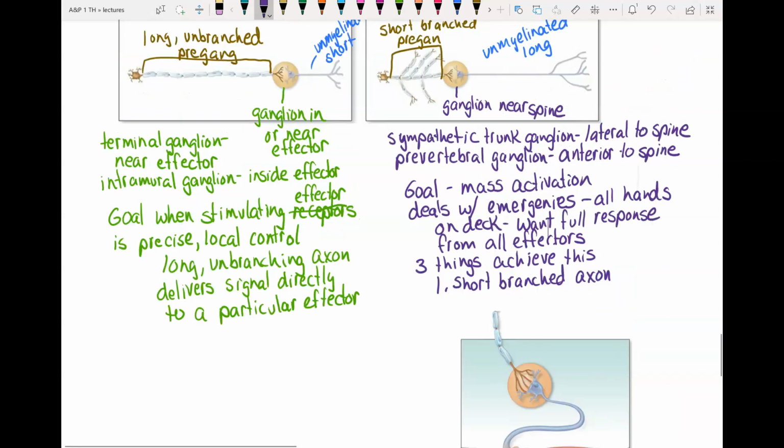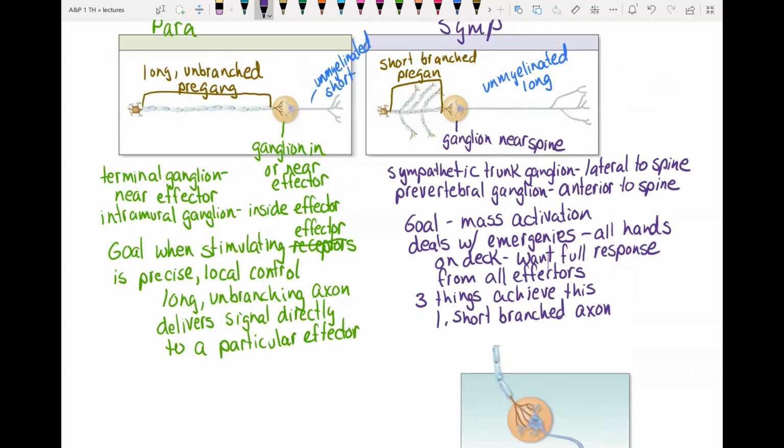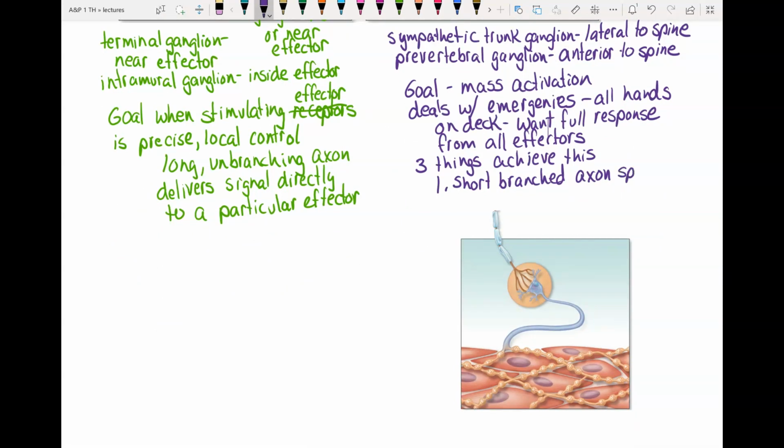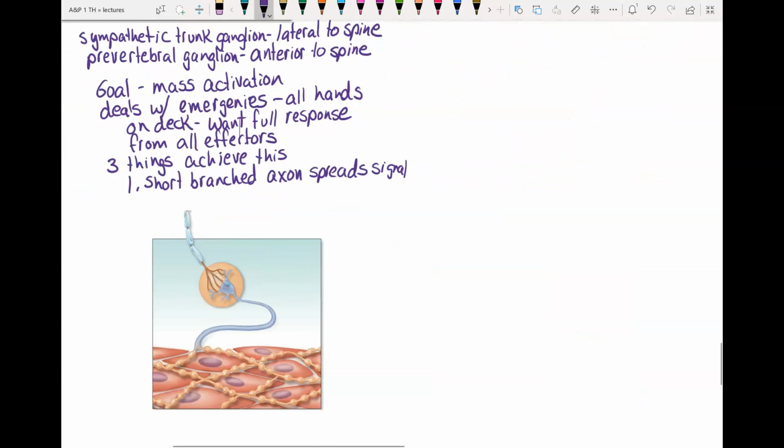So this short branched axon up here allows you to spread the signal out. And you get two things that happen as a result of having a short branched axon.